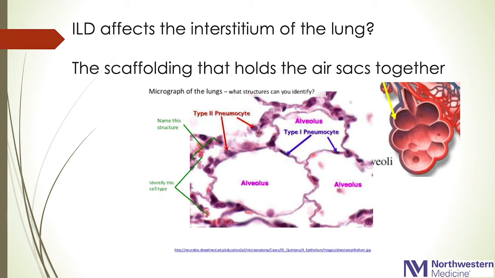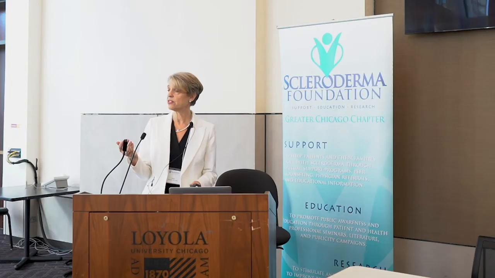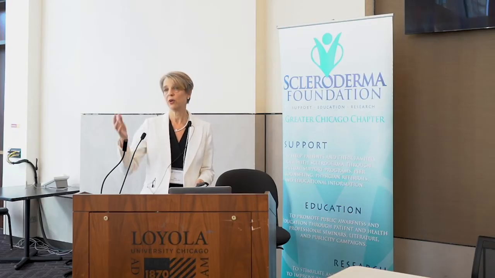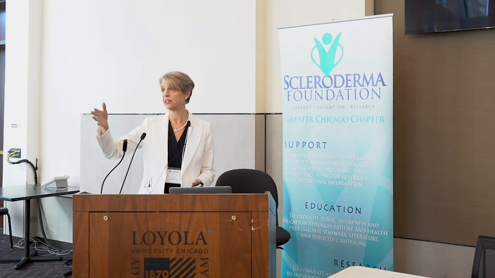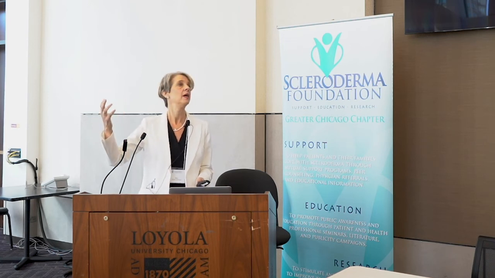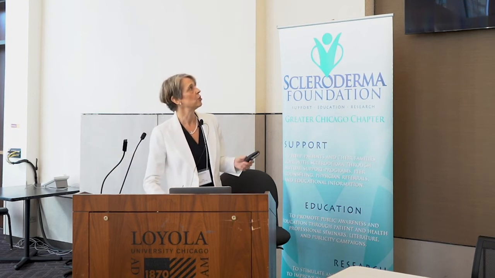This is a normal air sac, and you see the air sacs here and here. The walls between are very, very thin. They're fine membranes. Really, what runs through there is a couple of cells and blood vessels. You want the blood vessel sitting right next to the air sac so it can pick up oxygen from the air sac to carry it through the rest of your body. So that's a normal air sac.